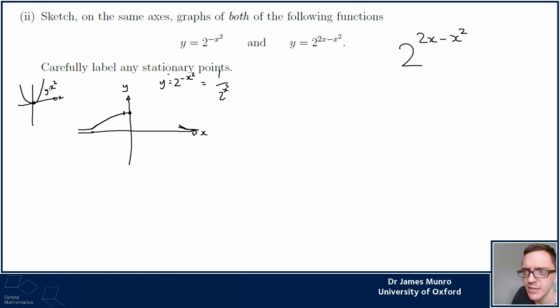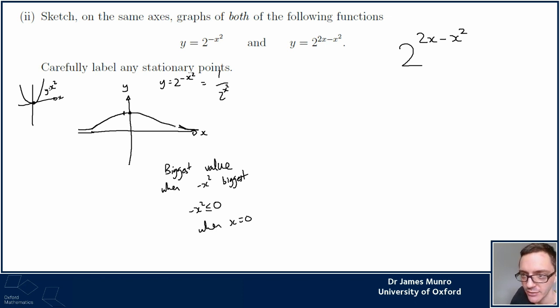So the biggest value of this function, which is not great language for stationary point, but the biggest value is going to be when minus x squared is the biggest. Minus x squared is biggest, well, that's less than or equal to 0, so that's biggest when x is 0. Okay, so its stationary point, its kind of maximum value, is going to be at x equals 0, y equals 1, stationary point.